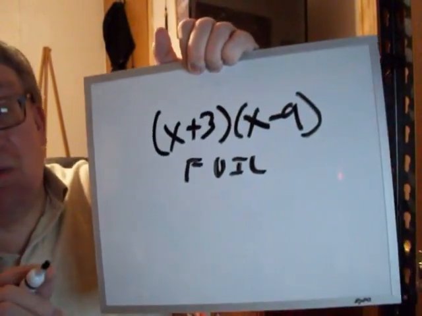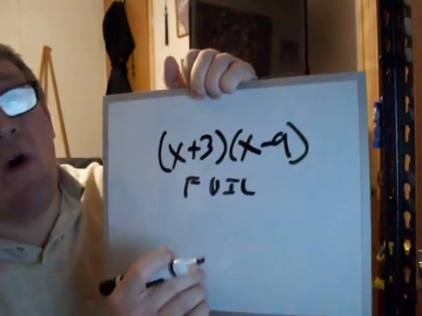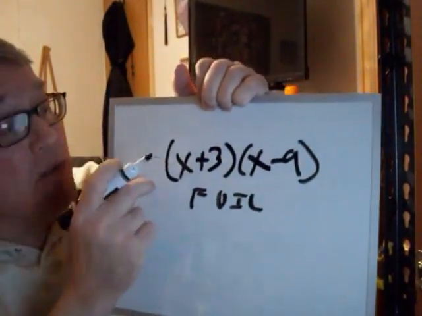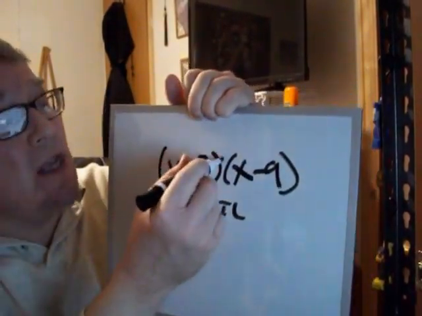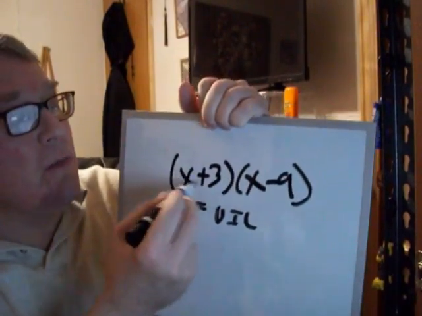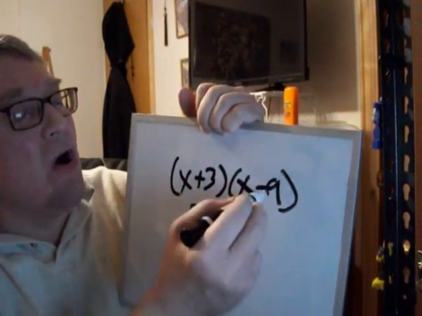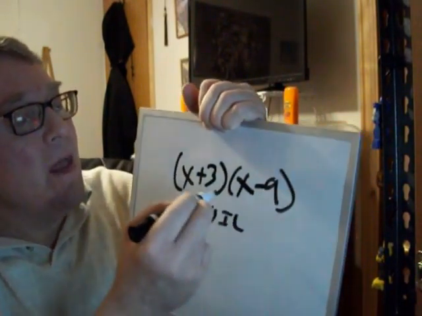I have covered this in previous videos. I will do it again. So if you're using the FOIL method of mathematics, it's probably a good idea to remember that these parentheses are multiplication. So what you would do is you would multiply the first terms like this. You'd multiply the outer terms.